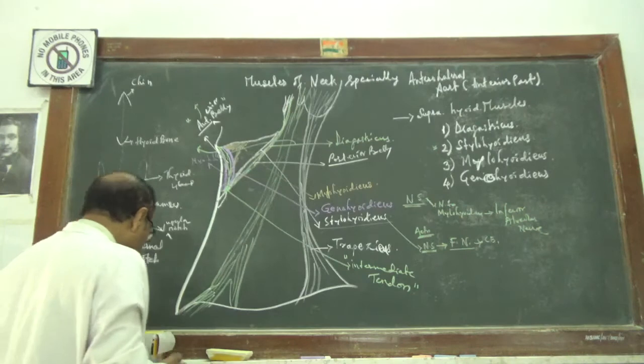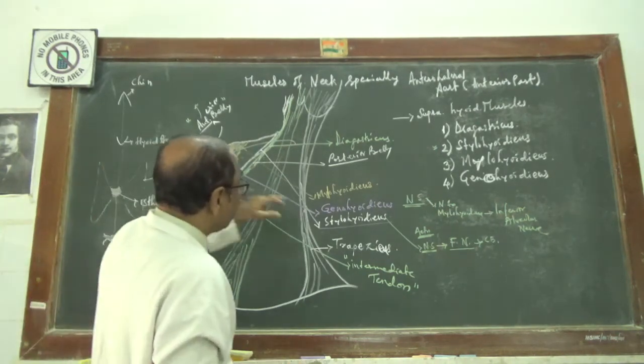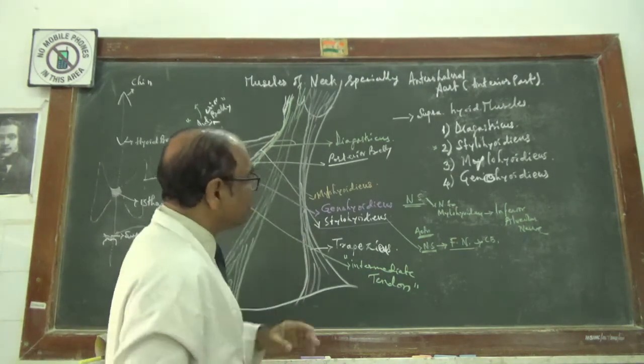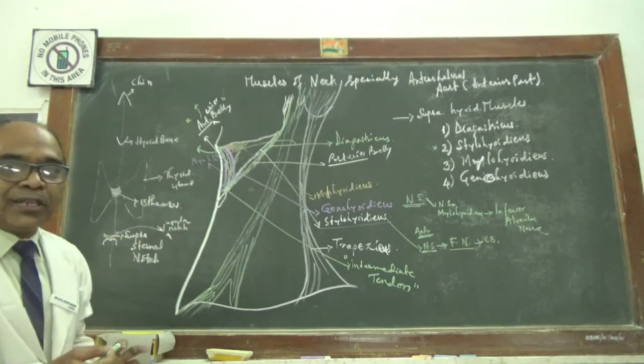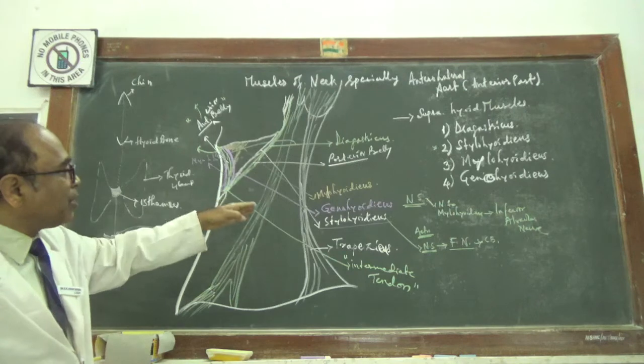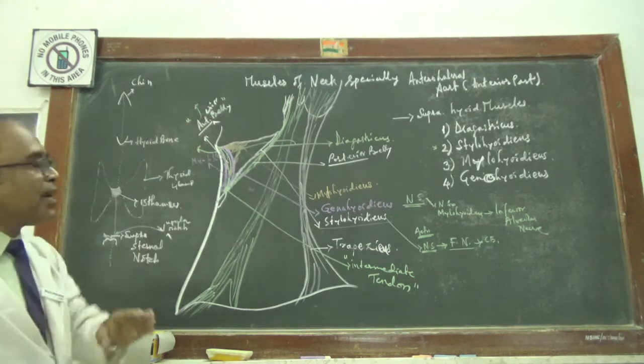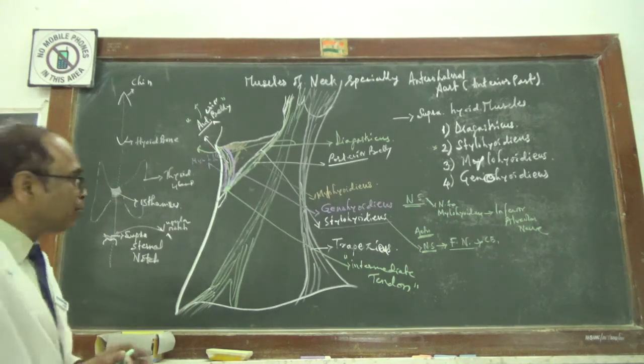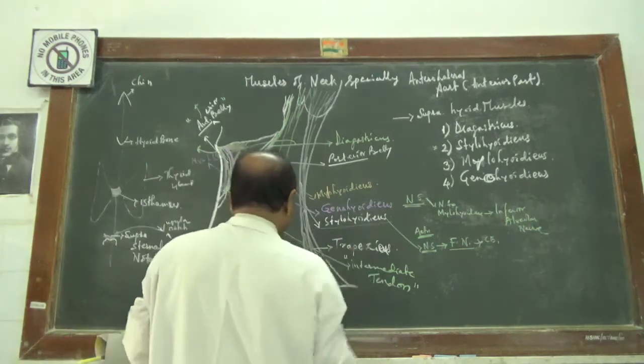The action of this stylohyoideus is to drag back the styloid process, I mean to say, the stylohyoideus pulls the hyoid bone upwards and backwards. So that will be the thing.